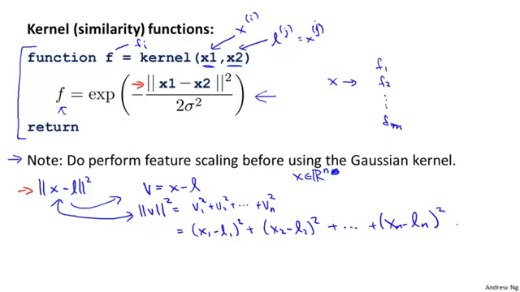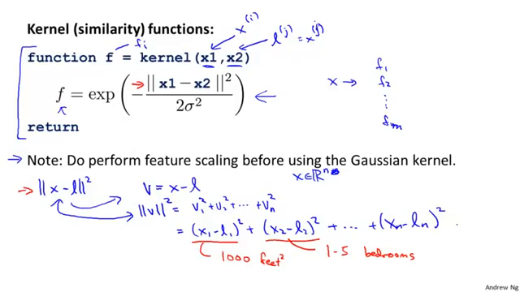And now if your features take on very different ranges of values, take a housing prediction example: if your data is some data about houses, and if x1 is in the range of thousands of square feet, but your second feature x2 is the number of bedrooms, in the range of 1 to 5 bedrooms, then x1 minus L1 is going to be huge. This could be like 1,000 squared, whereas x2 minus L2 is going to be much smaller.